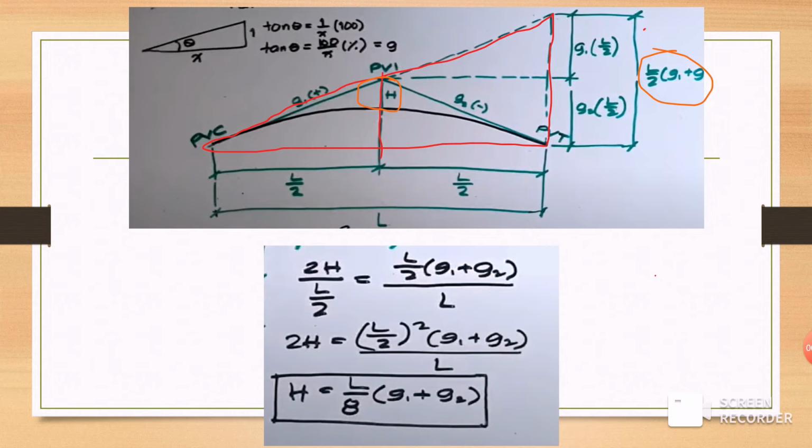So we get 2h divided by L over 2 equals the opposite side, L over 2 multiplied by g1 plus g2, over L. We then isolate h to get 2h equals L over 2 squared multiplied by g1 plus g2 over the total length, and then we get h equals L over 8 multiplied by g1 plus g2. So here is our final formula to get the height.